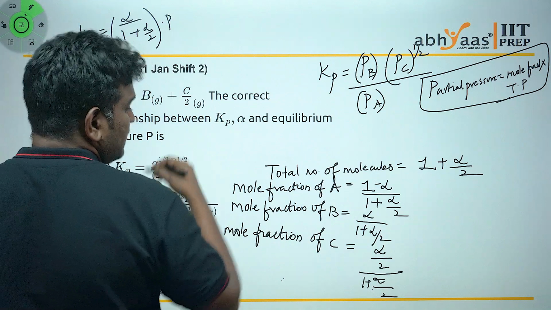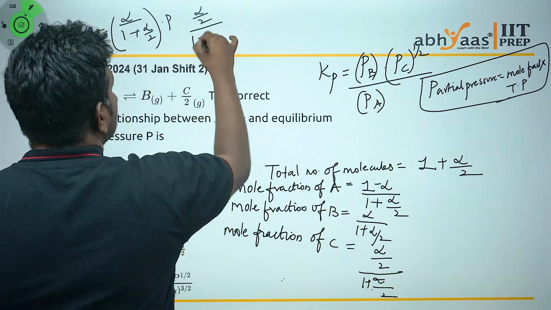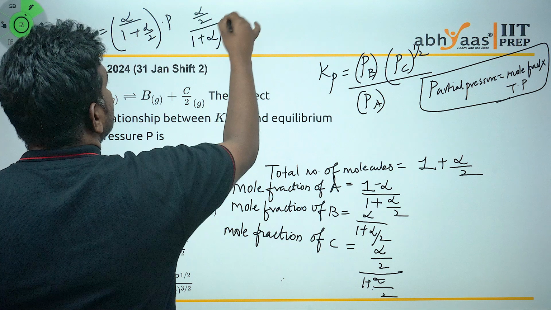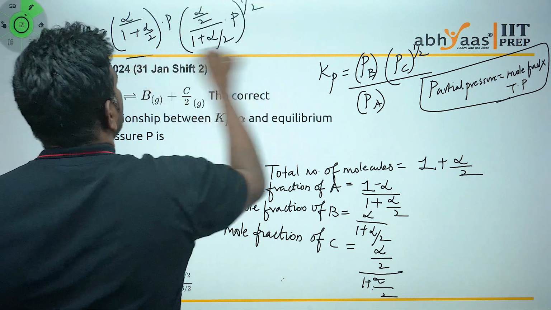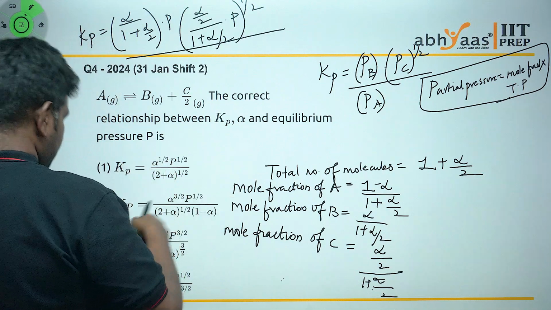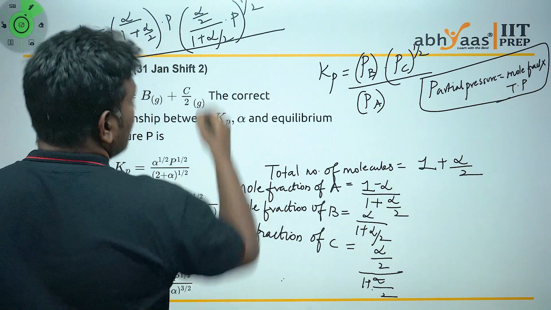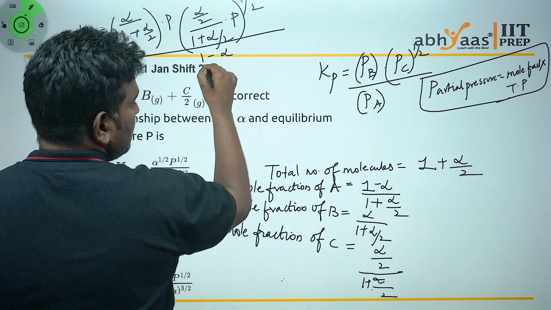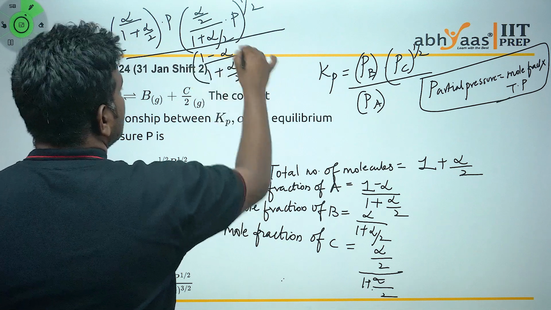Mole fraction of C is alpha by 2 divided by 1 plus alpha by 2, into P, the whole raised to 1 by 2. Right. Now, on the downside we are having A. Mole fraction of A, 1 minus alpha divided by 1 plus alpha by 2, into P.